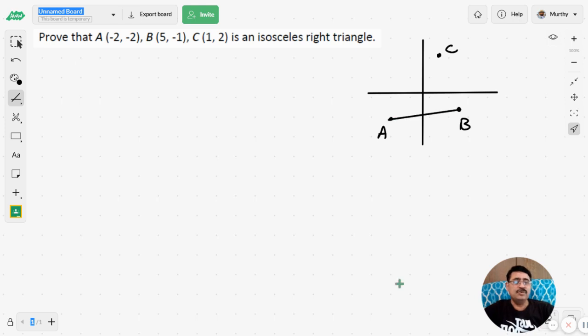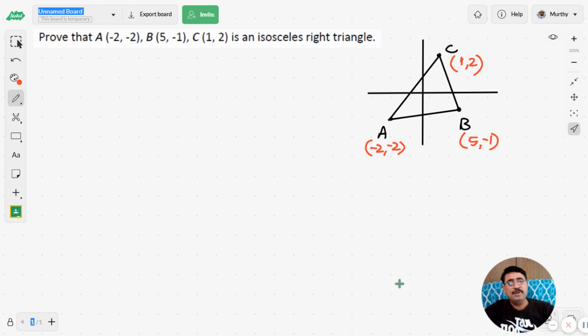The question is, is this representing a triangle? I'm sorry, the diagram is horrible. A is (-2, -2), B is (5, -1), C is (1, 2).